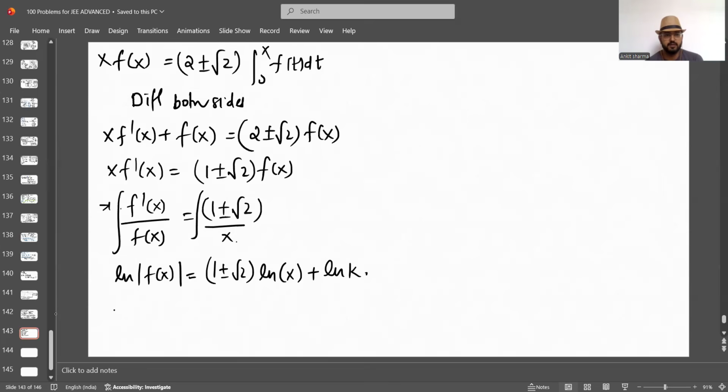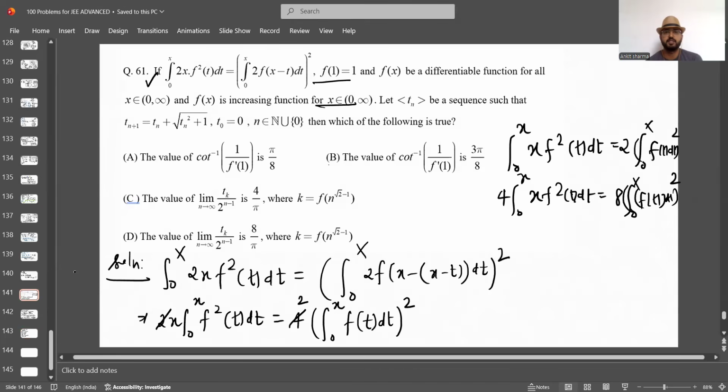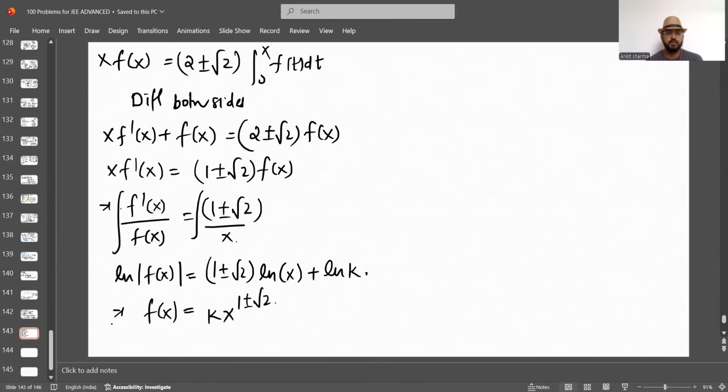And now for this part, I'll be having f of x is equal to x to the power 1 plus minus root 2 into k. So that was the condition given. That is f of 1 is given to be 1. So I'll plug it here, 1. So 1 is equal to simply k. So that means my function is f of x is equal to x to the power 1 plus root 2 or x to the power 1 minus root 2.